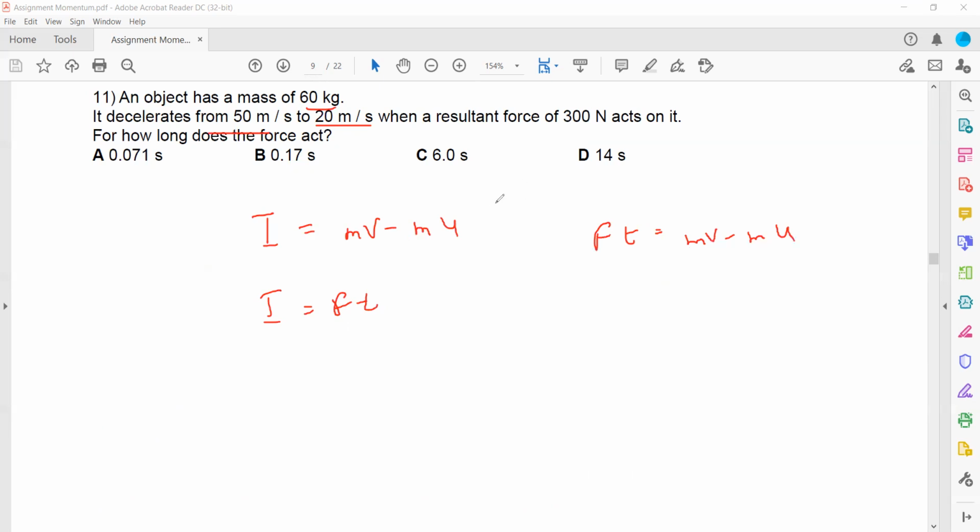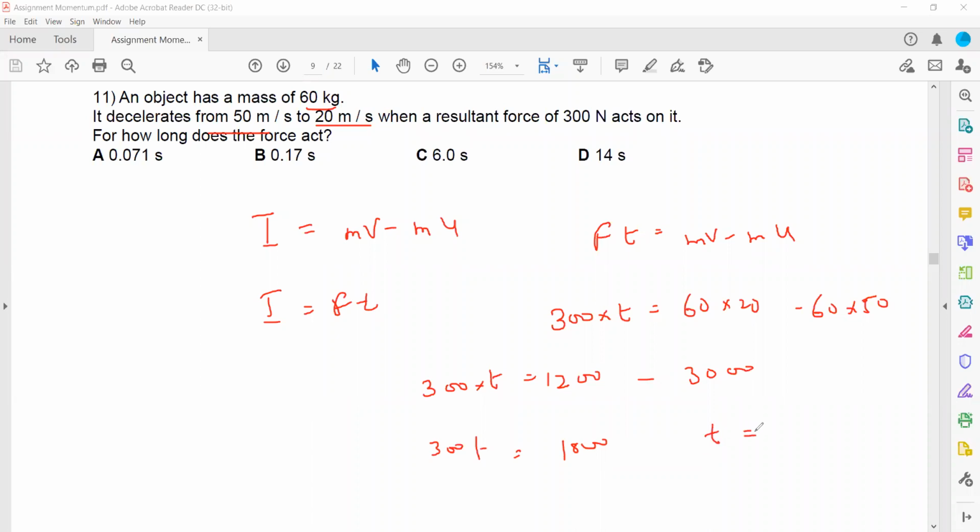If the direction does not change, both velocities will be positive. The force is 300, time we don't know. The mass is 60, the final velocity is 20, minus the mass 60 and the initial velocity 50. So 300t is equal to 6 multiplied by 2, that is 1200, minus 6 multiplied by 5, that's 30, so 3000. 1200 minus 3000 is equal to minus 1800.